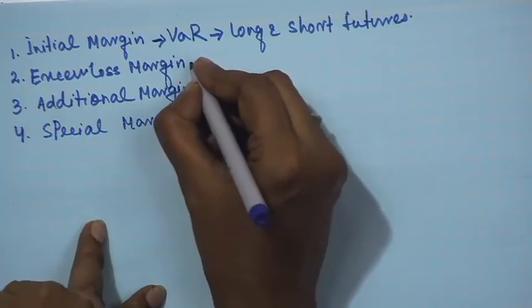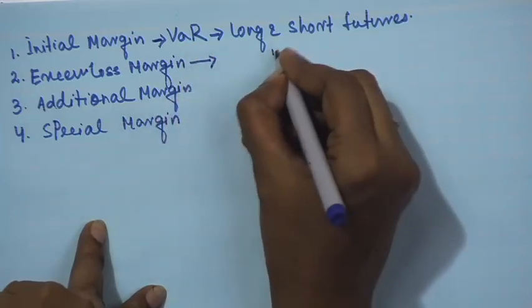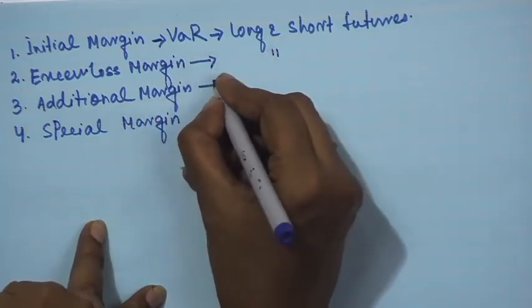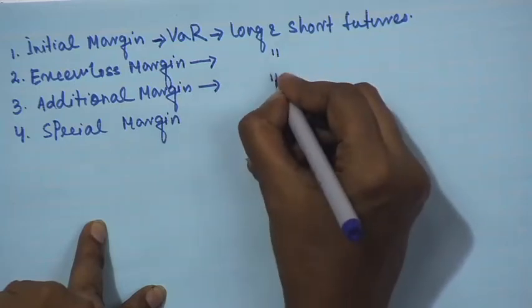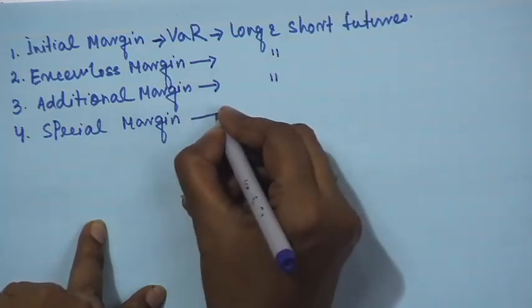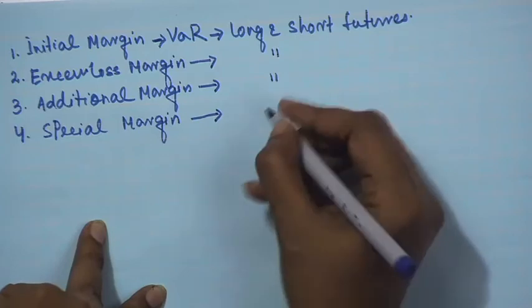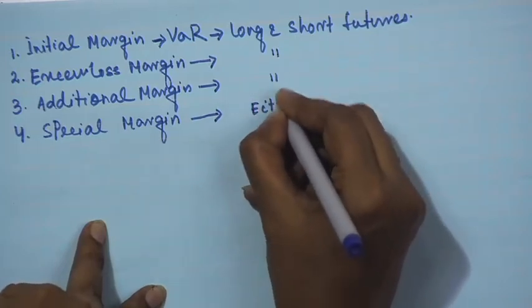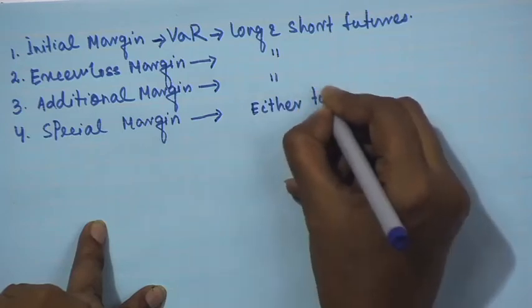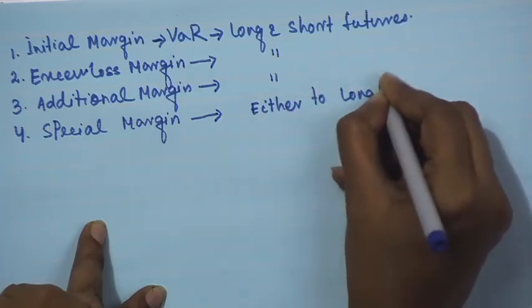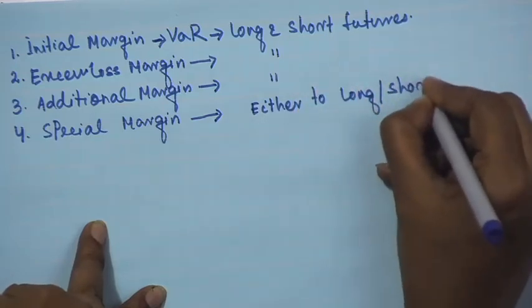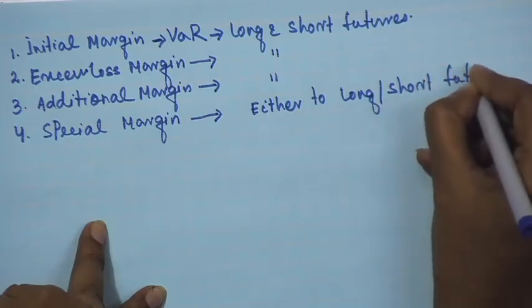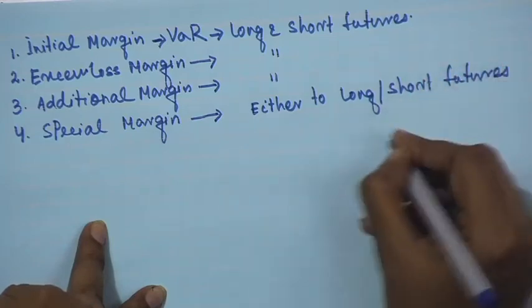This excess margin is asked to both parties. Additional margin is also asked to both parties, but special margin is asked either to long or short futures position holders.